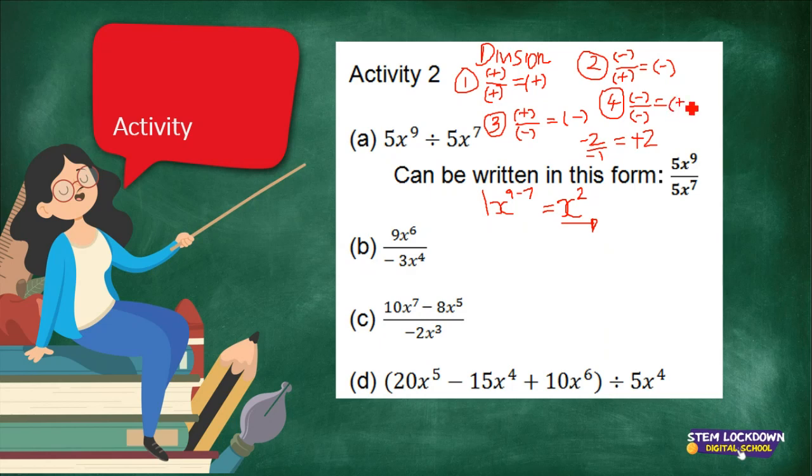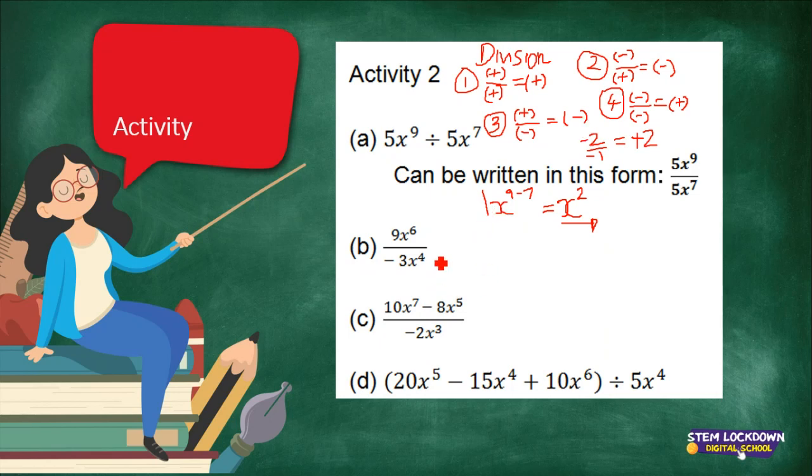So there are actually 2 cases where you can get a positive answer. If a negative number is divided by a negative number, the answer will be positive. If a positive number is divided by a positive number, your answer will be positive. So keep that in mind. But if there's a negative and a positive together, in any form, whether it's negative divided by positive or positive divided by negative, your answer will be negative, right?